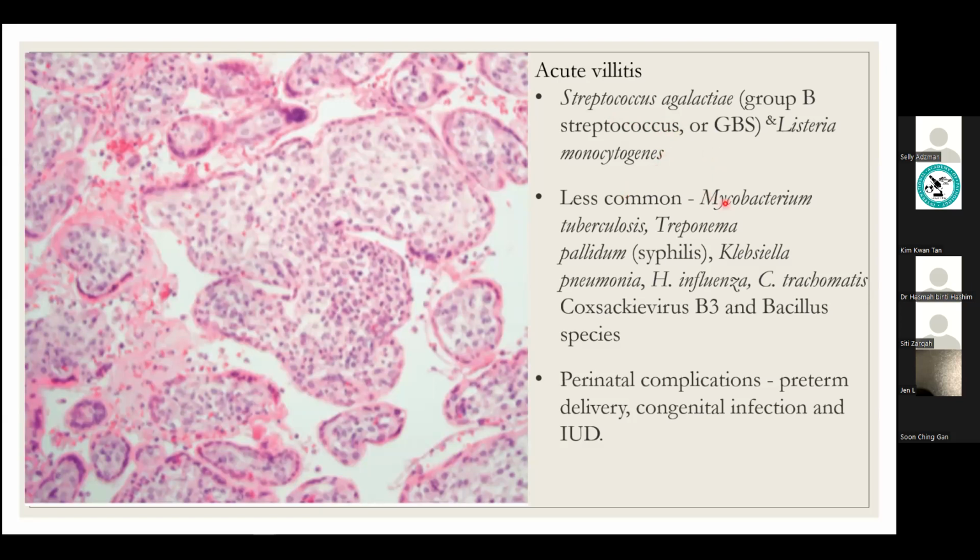Less commonly, we might see Mycobacterium tuberculosis, Treponema, Klebsiella pneumoniae, Haemophilus influenzae, Chlamydia trachomatis, and viruses like Coxsackie virus B3, or Bacillus species. We know that it's associated with perinatal complications, preterm delivery, and congenital infection, which will require a long admission in NICU or PICU, or IUD.